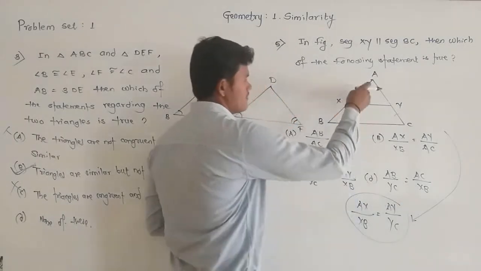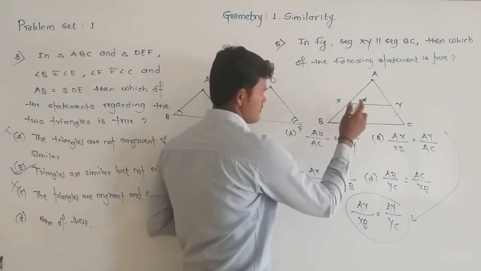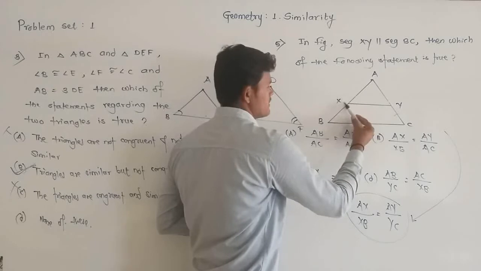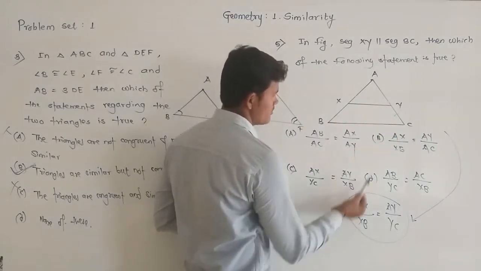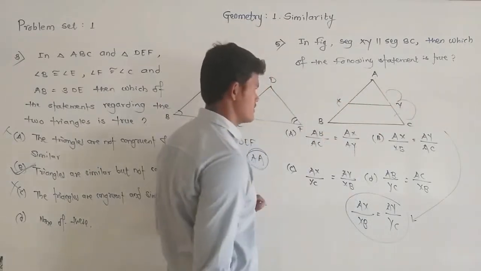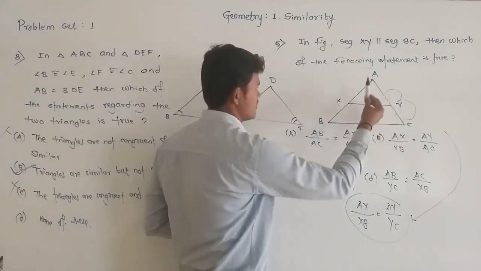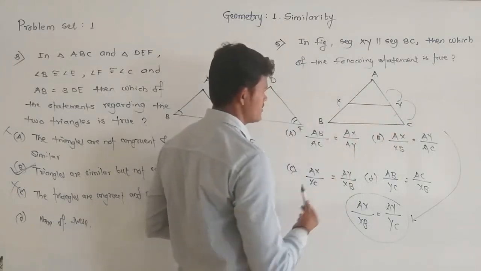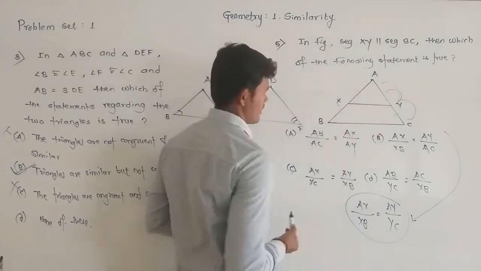If a line is parallel to the side of a triangle, we use the basic proportionality theorem. So this line divides the remaining two sides in the same proportion. That means we get AX upon XB is equal to AY upon YC. If this proportion holds, it means AB upon AC is also in proportion with AX upon AY.